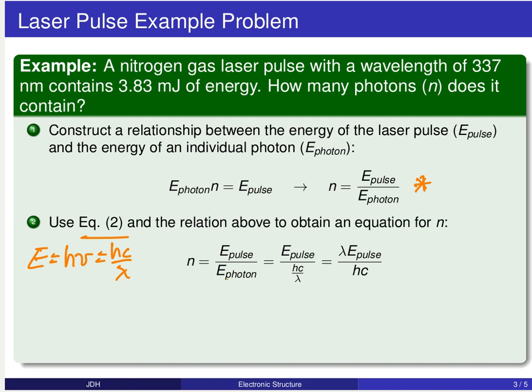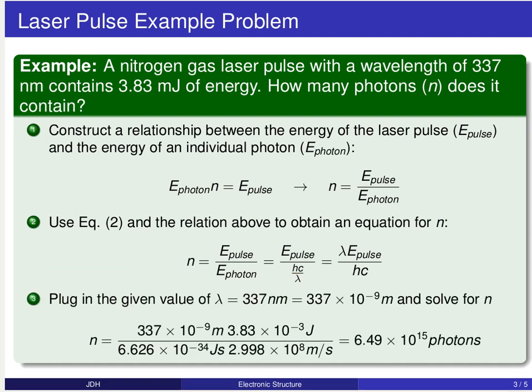So for E photon, we plug in hc over lambda, and we get n equal to the energy of the pulse divided by hc over lambda. Of course, we move lambda up to the numerator and plug in all the numerical values. You can pause the video and look back at the formula sheet.